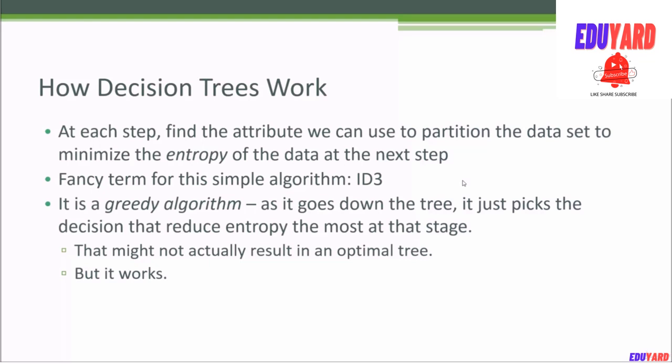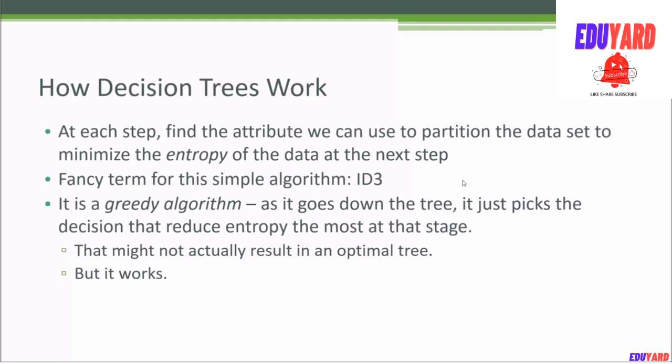So we have a resulting set of classifications, in this case hire or don't hire, and we want to choose the attribute decision at each step that will minimize the entropy at the next step. So basically at each step we want to make all of the remaining choices result in either as many no hires or as many hire decisions as possible.